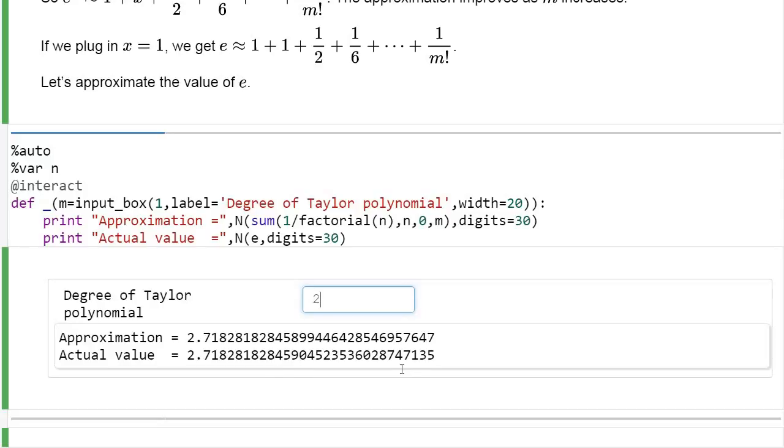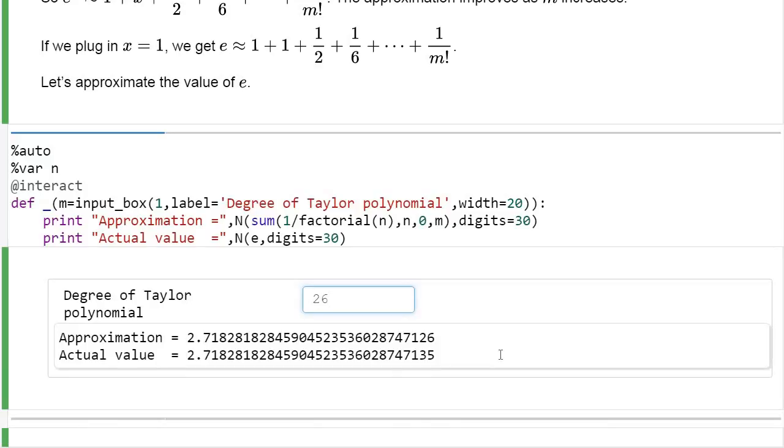And how about 20? And let's see, right here is where they agree. How about degree 30? Well, by the time we get to degree 30, they agree on all of these. We didn't need all 30 to get all those. Oh, 25 wasn't enough. Looks like right to here they agree.